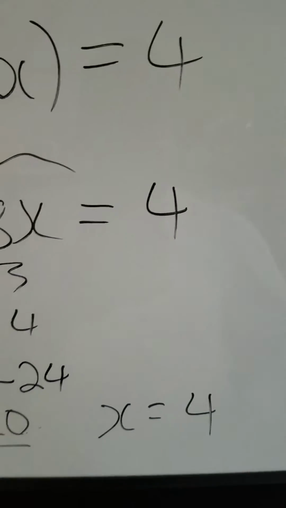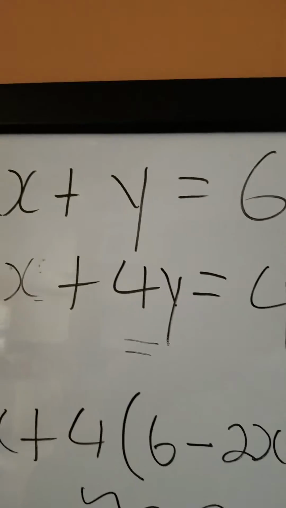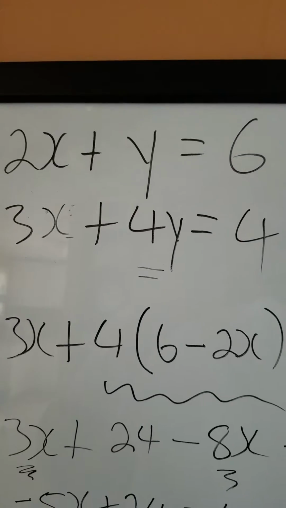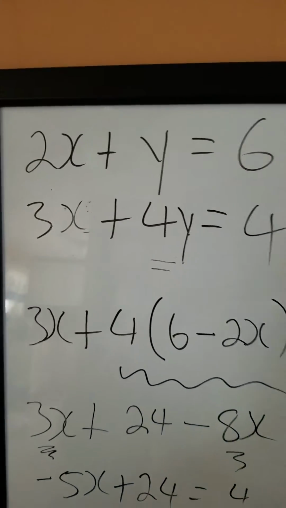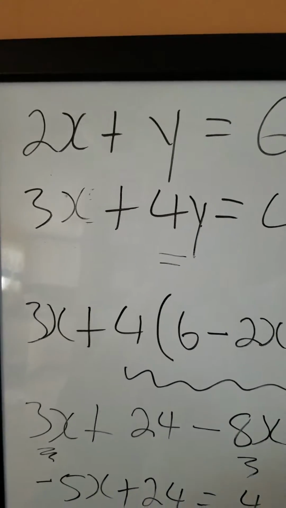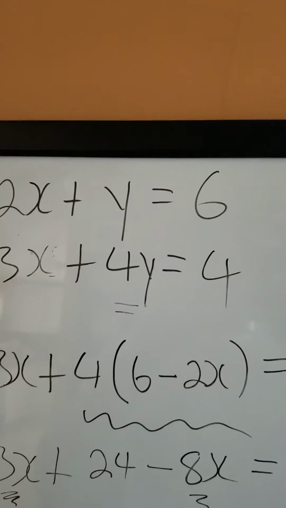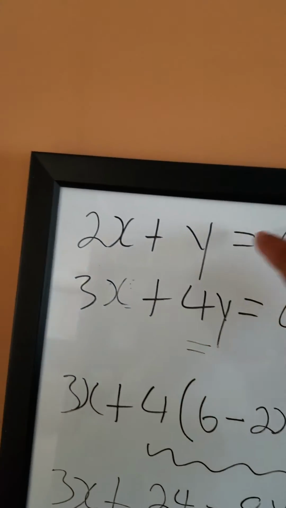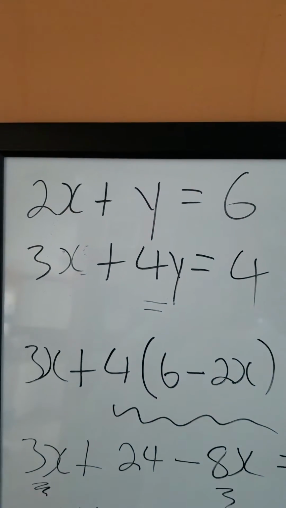Now that we have the value of x, we can come back to our original equation. It doesn't matter which one you choose, and we can now plug in the value of x into that equation, and that will give us the value for y. Let's choose the first equation since it's a little simpler because we have a 1 as a coefficient on the y.